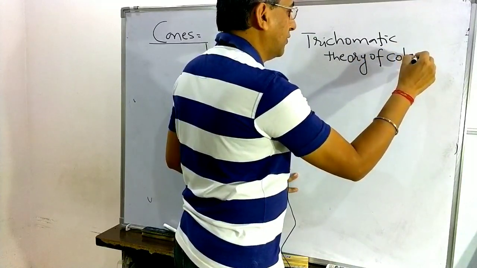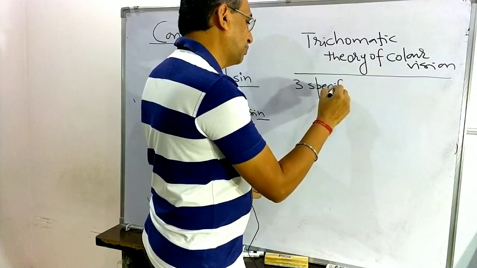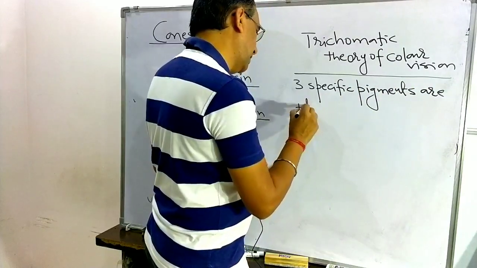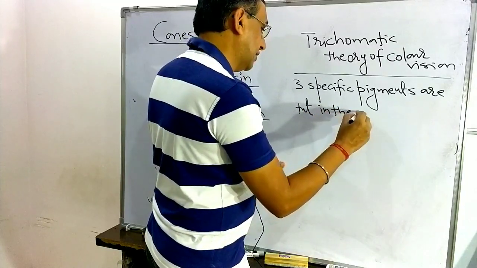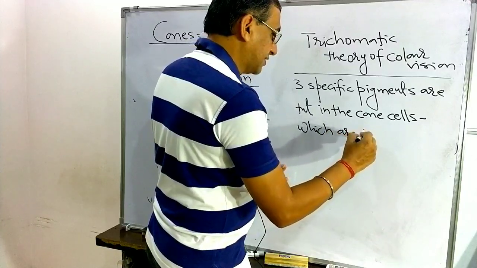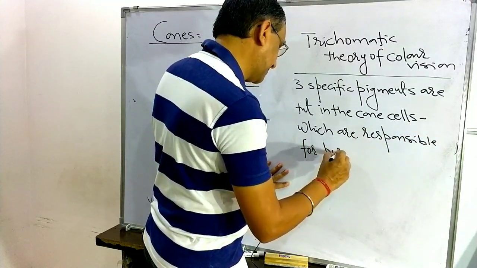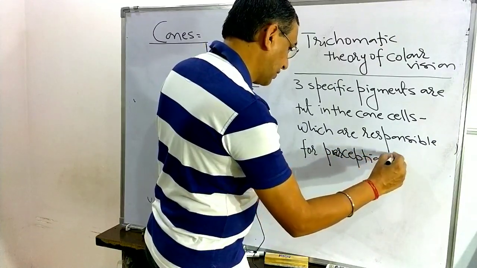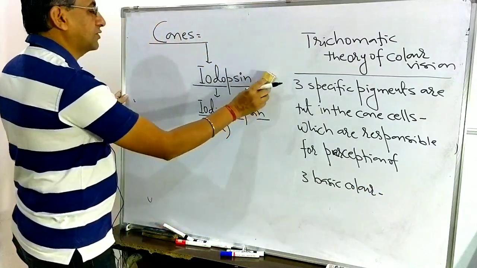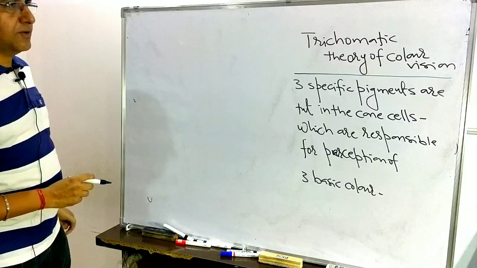As per the trichromatic theory of color vision, three specific pigments are present in the cone cells, which are responsible for the perception of three basic colors.